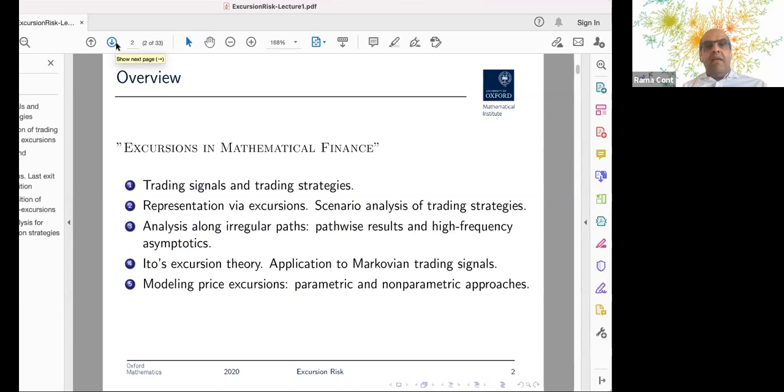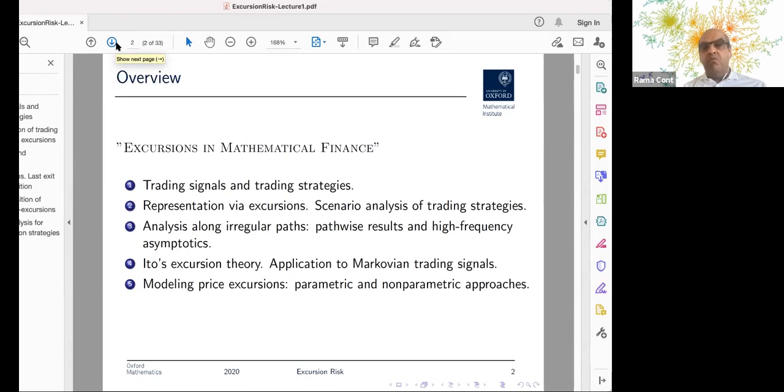Then we will have two types of results in this theory. The first type is what I call pathwise results. In the first half of the lectures, lectures 1 and 2, we will make absolutely no assumptions on any stochastic process, the price, no assumptions at all, and we will derive results which will hold along every price path.